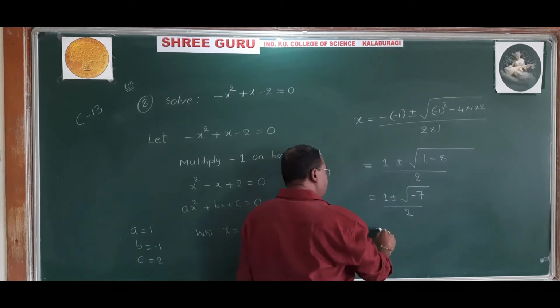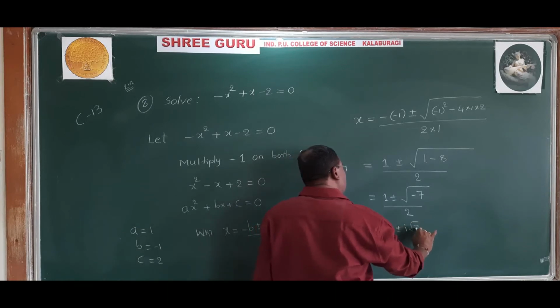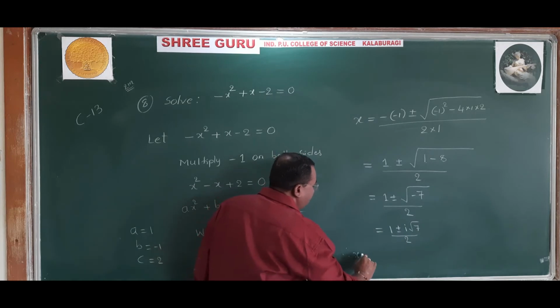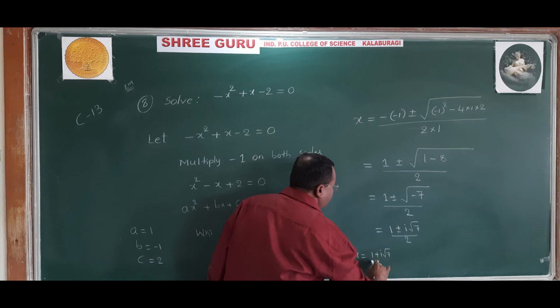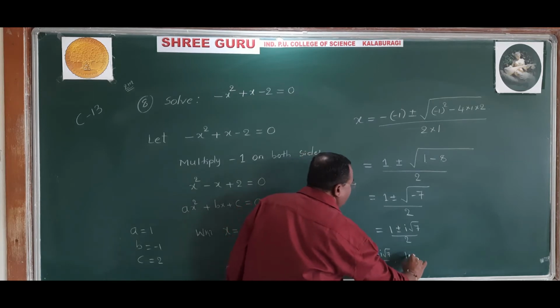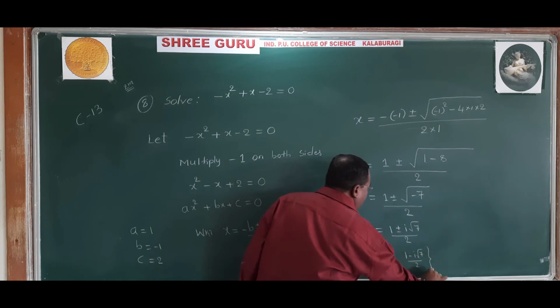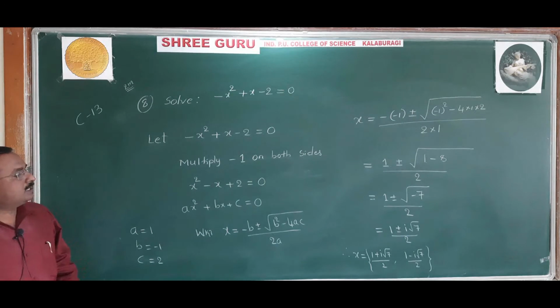Negative outside: 1 plus or minus i times root 7 divided by 2. Therefore, the x values are one positive, one negative. This is the quadratic equation.